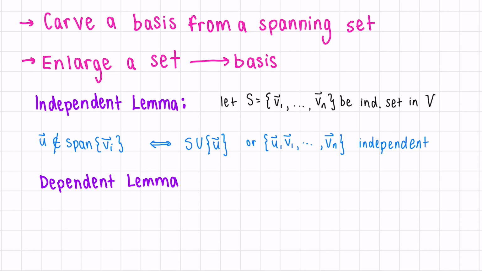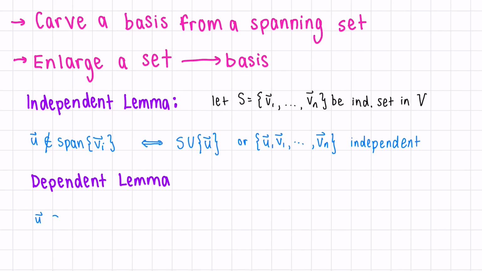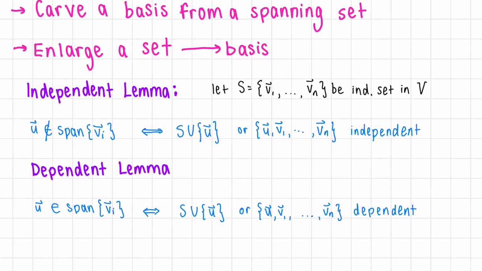On the other hand, if we keep adding new vectors and then we reach a point where u is included in the span of these vi's, this means that the set S plus vector u is dependent. If u is in the span of the v's, that would mean we could write it as u equals a1 v1 plus all the way till an vn. u is just a linear combination of the existing vectors.